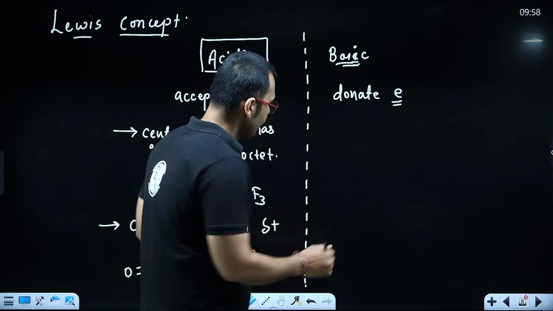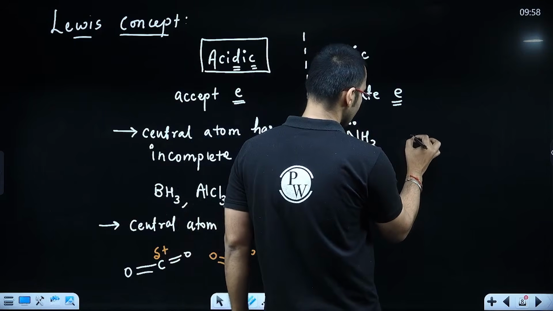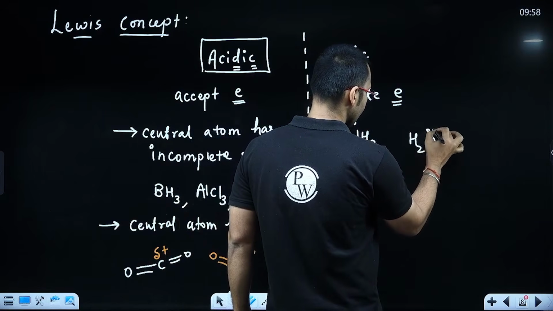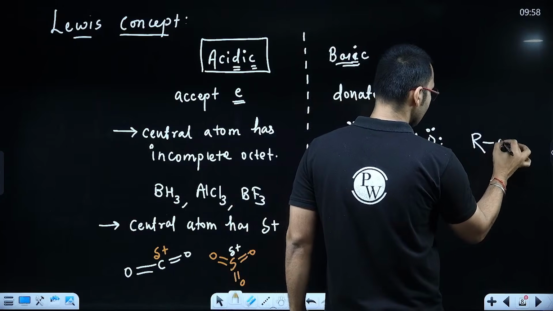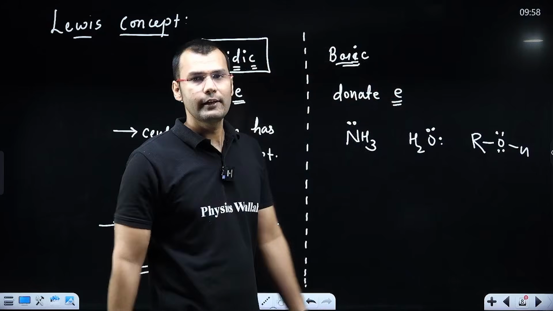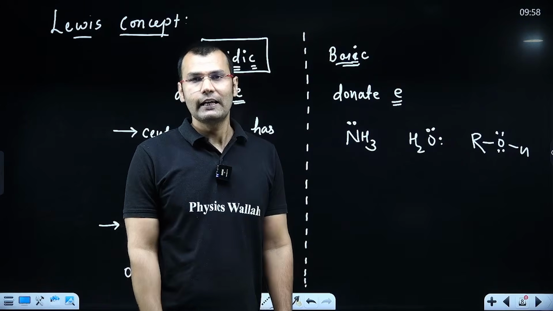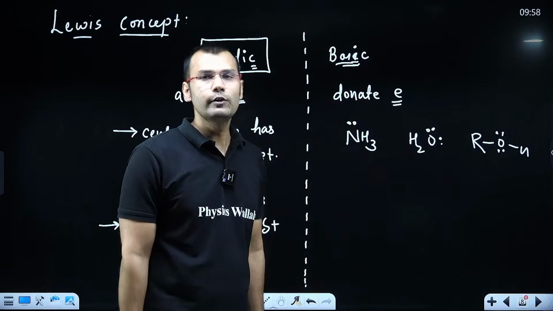For example, if you talk about NH3, if you talk about water, if you talk about alcohol, right? Do you people remember nucleophiles in your organic chemistry? Basically, all the nucleophiles you have in your organic chemistry, they are nothing but Lewis bases.